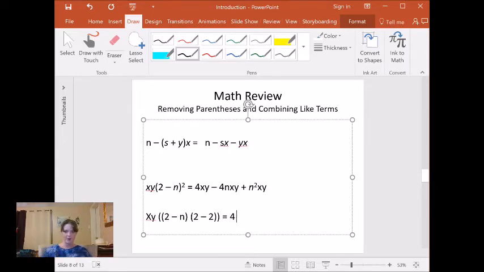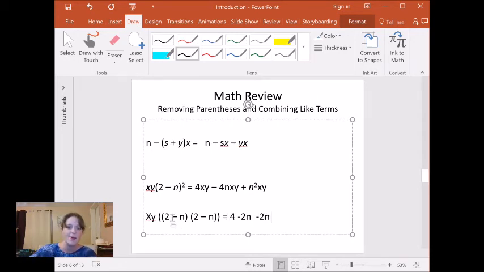And so the first thing I would do is first: 2 times 2 is 4. Then outer: 2 times negative n, so minus 2n. Then inner: negative n times positive 2, negative 2n.